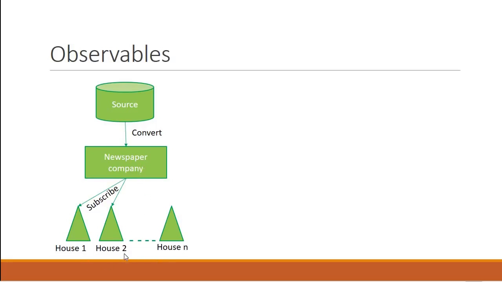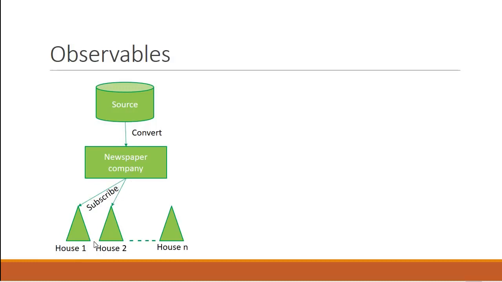Once that is done, the newspaper company has the newspaper in the desired format and is ready to be distributed to the houses. But hang on, does the newspaper company distribute papers to every single house? No. It hands the newspapers to only those houses that have subscribed to this company. So if a new house subscribes to this company, that house will receive the newspaper as well. Right now, let's say the first two houses have subscribed to this company.